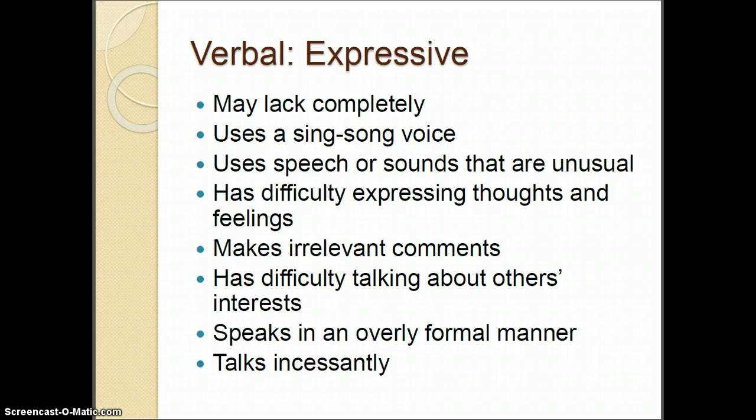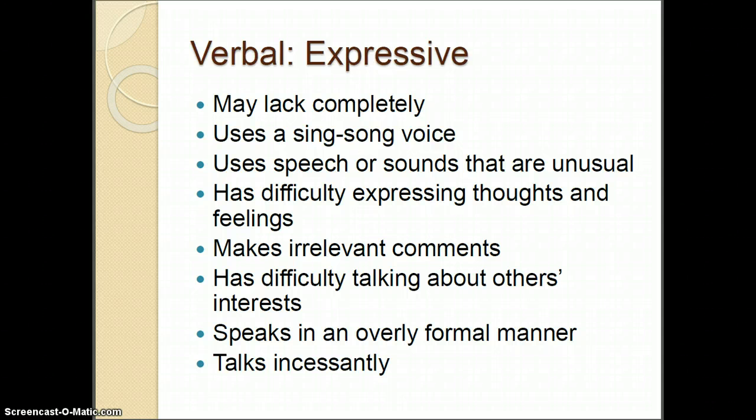You may see children on the autism spectrum making a lot of irrelevant comments. This could happen during story time or circle time settings in a classroom. This could happen really at any time. One reason that children might be making these irrelevant comments is because they might be arranging their information in their minds differently. They might have a different set of mental schema than we're used to thinking about. All the information that we get on a daily basis, our brain has to organize it in some way.